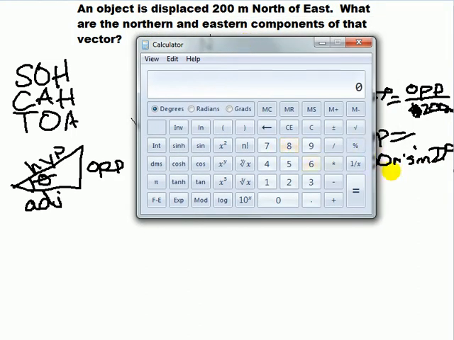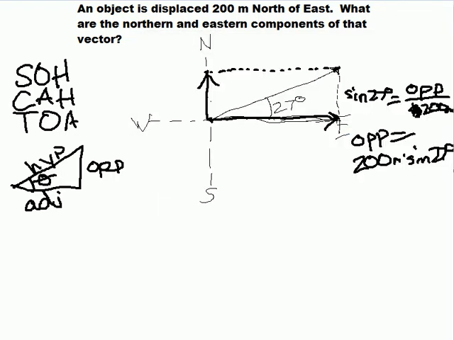So if we do 27 degrees, we find the sine of that, and then we multiply it times 200, we end up with 90.798, which we'll call 90.8.